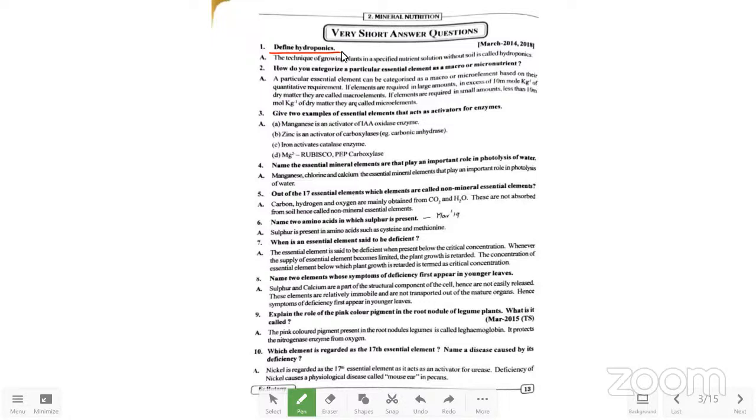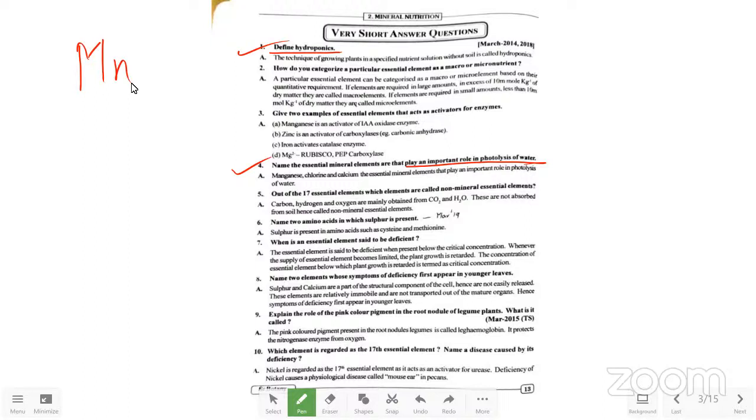Next one. Name the essential mineral elements which play a vital role in the photolysis of water. Photolysis of water means splitting of the water molecule. In this, manganese, chlorine, and calcium.